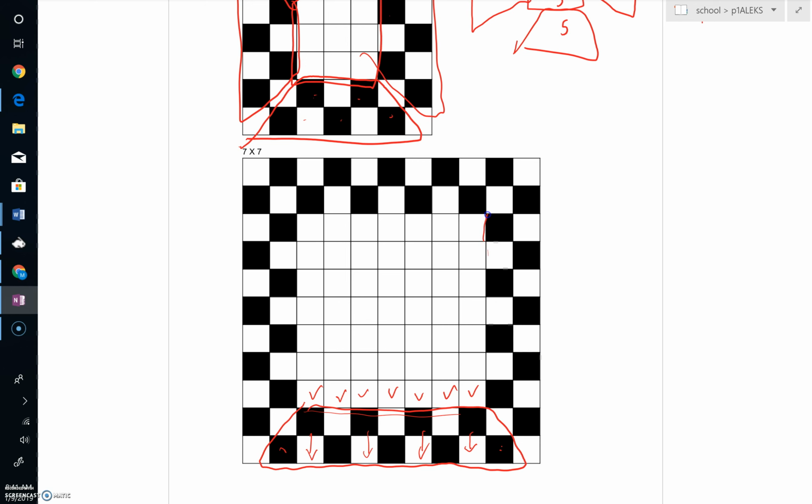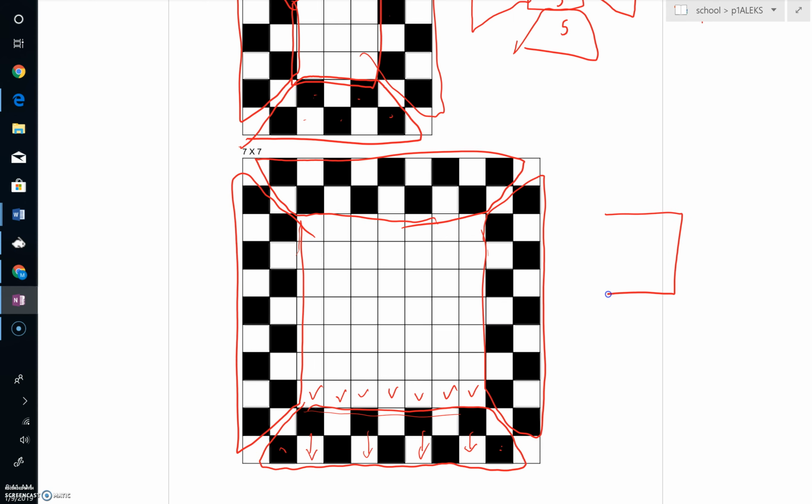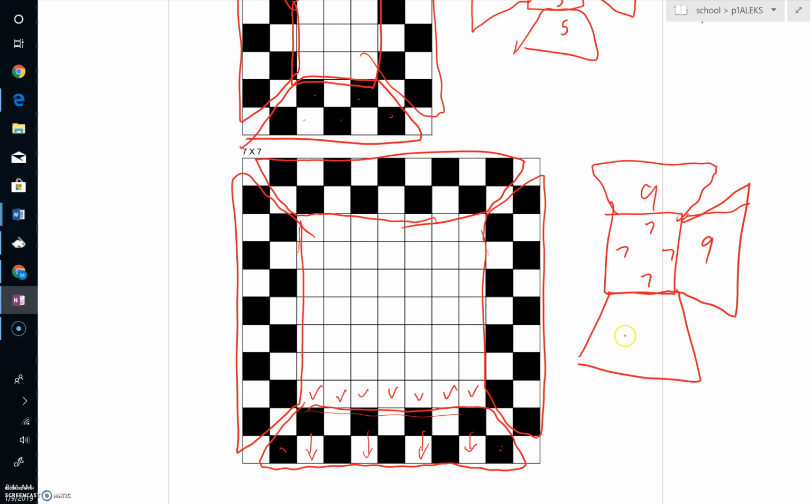And likewise, if we were to group around here, just as well, what are we really seeing? Well, here's a 7 by 7. Here's 9. Here's 9. You get the idea.